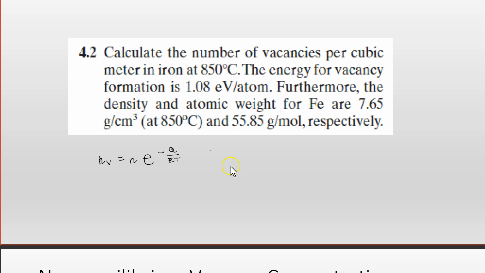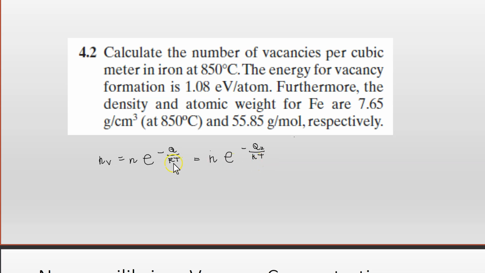In such a case, it's better to use this equation here. I'll just call this Q2. Okay, so Q2 is per atom.